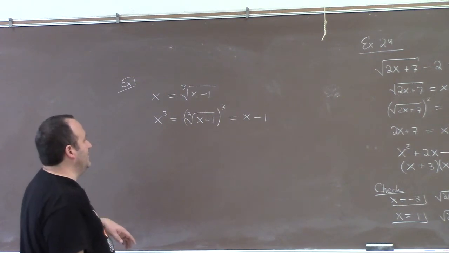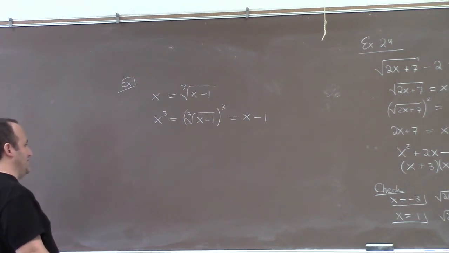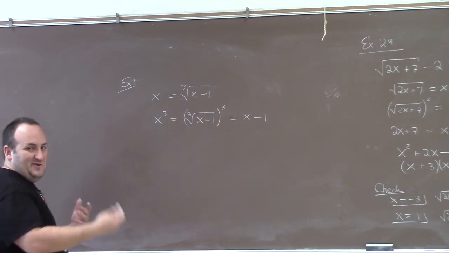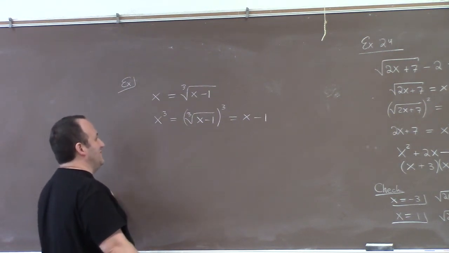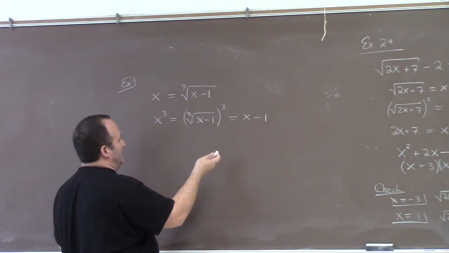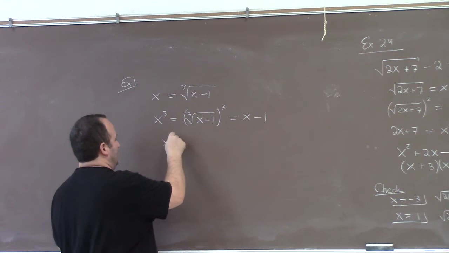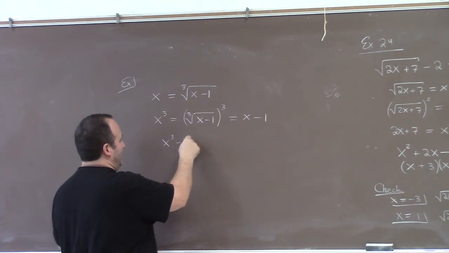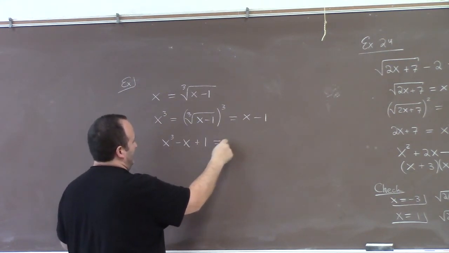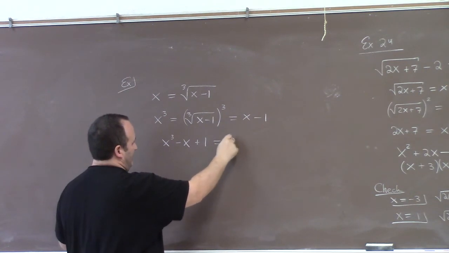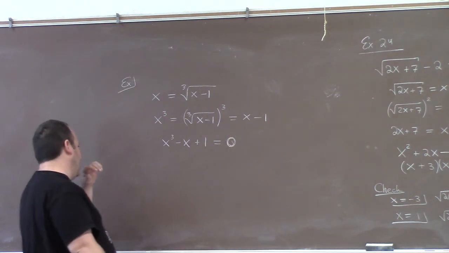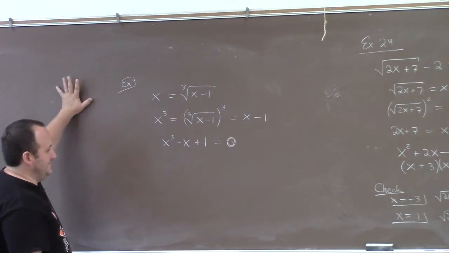But one of the reasons we don't typically ask questions like that too much is, after you do that, what are you facing? You're facing x cubed minus x plus 1, right? And how do you solve that?